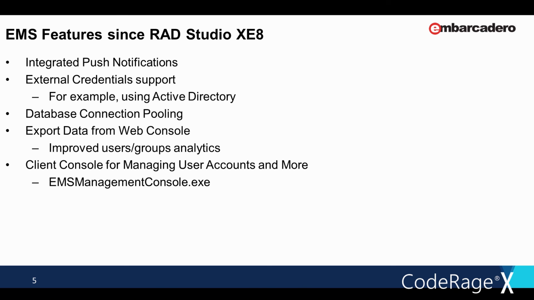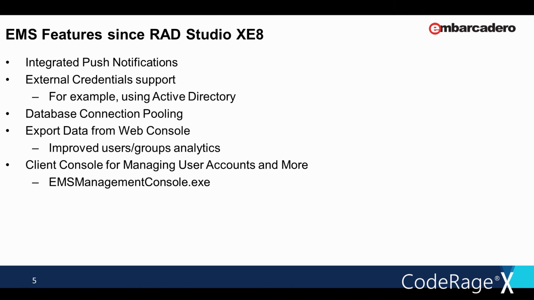And lastly, we added a bunch of cool new features inside of the EMS server. We improved REST API publishing. I spoke about the external credentials for user authentication and authorization, like plugging it into Active Directory or LDAP. We added push notification server support for iOS and Android, so you can deliver event-driven notifications to the end user's devices through EMS. We have database connection pooling.